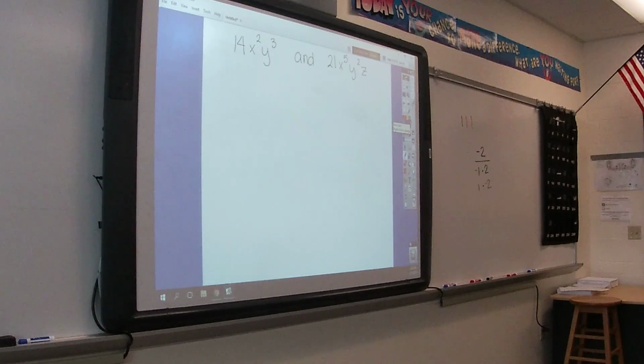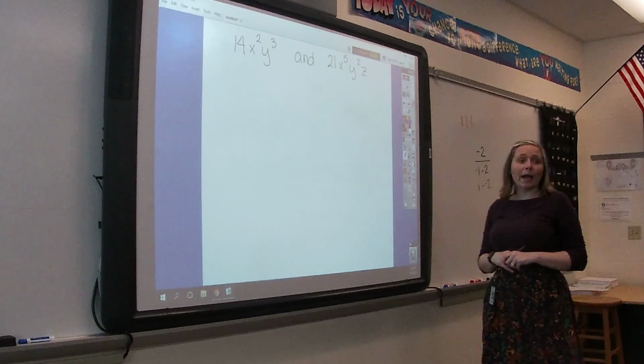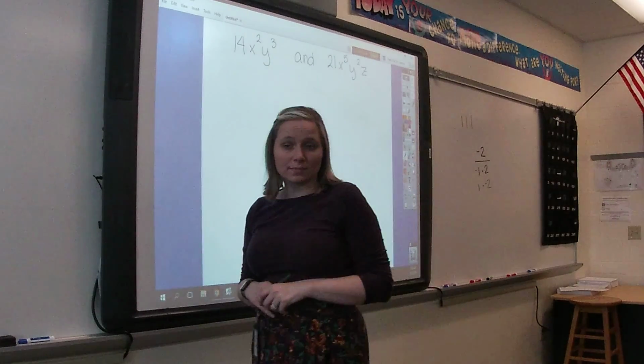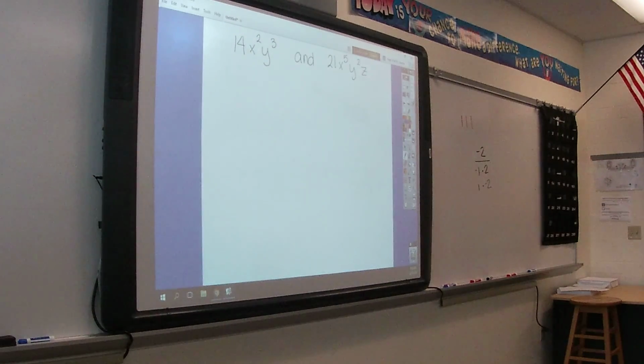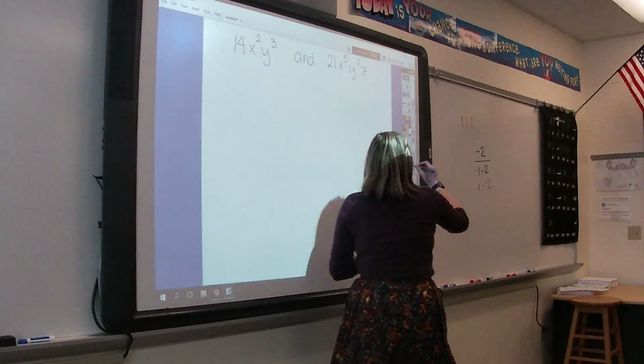X squared, y to the third, and 21 x to the fifth, y to the second, z. Okay, so we're going to look at the coefficients first.